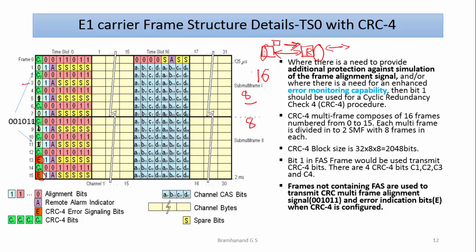So this indicates that we are within a particular multi-frame, right? So for CRC4, errors are monitored in bit A, whereas for the multi-frame, the errors are monitored through bit E. That is the difference. So this is a brief explanation about time slot 0.